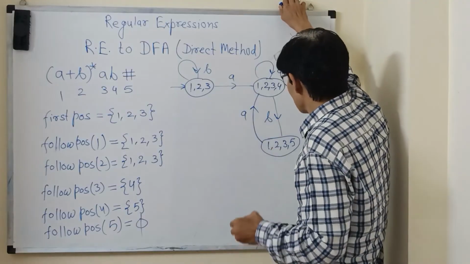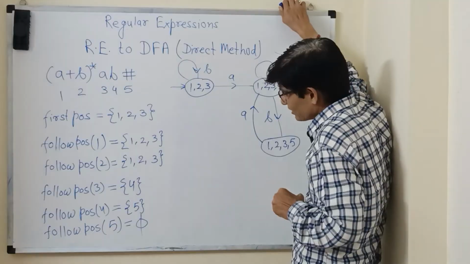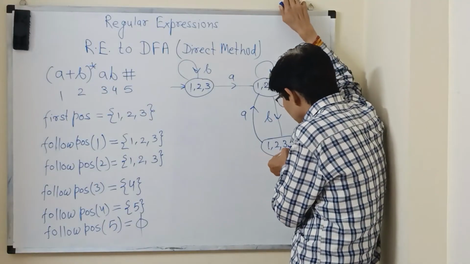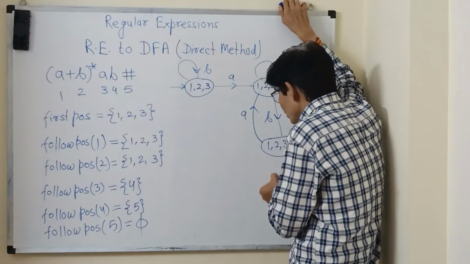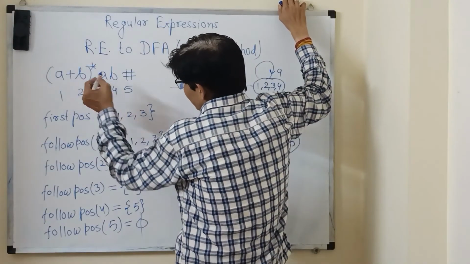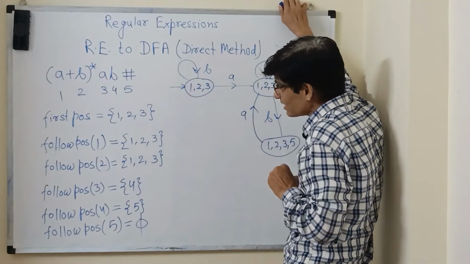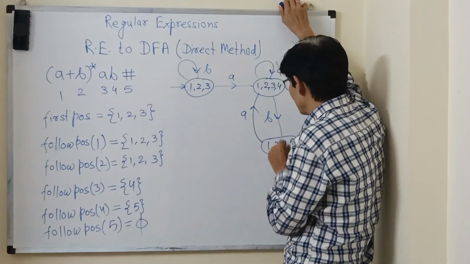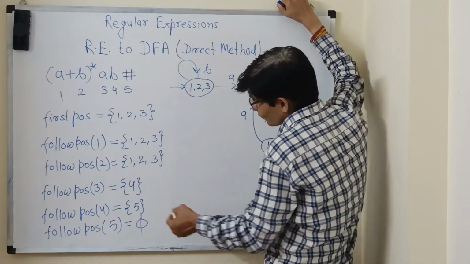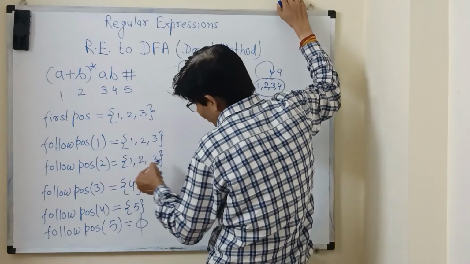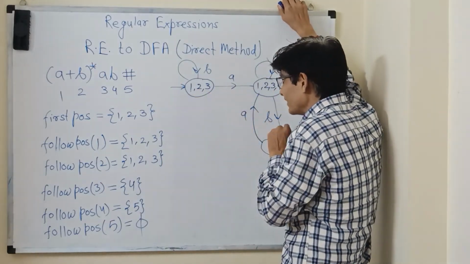Now on transition of B, where will we be moving? How many numbers out of these 4 numbers have we assigned to B? Only 2 we have assigned to B in the regular expression. 5 is assigned to hash, which is not B. So the follow of 2 is 1, 2, 3, which we have already created.